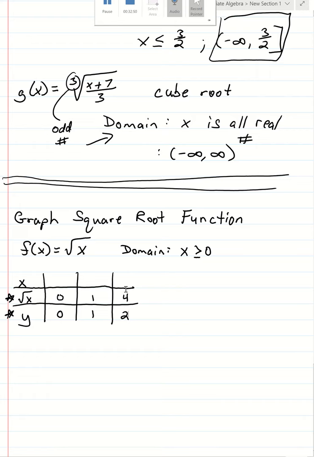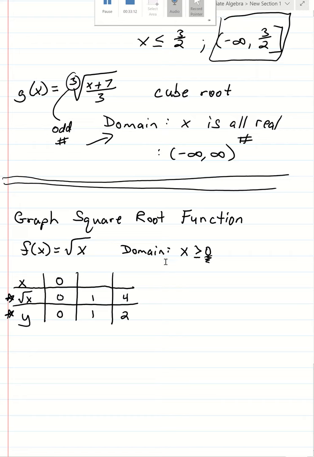Now we have to come up with the x values. They must satisfy the domain. I need a value of x that is greater than or equal to 0. So we're going to start with 0. The number is right here. That's your very first number that you're going to begin with. Because if I plug in 0 here, I will get 0.